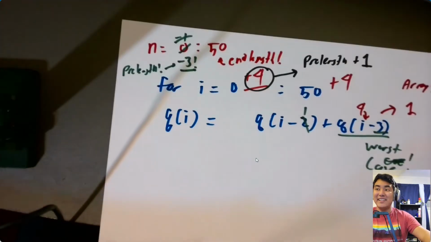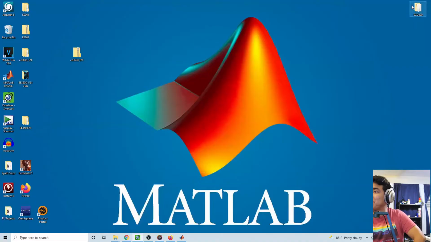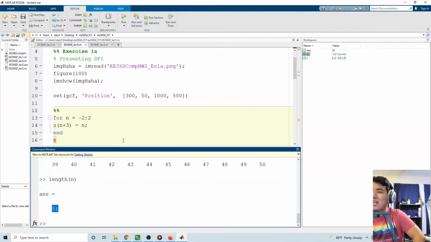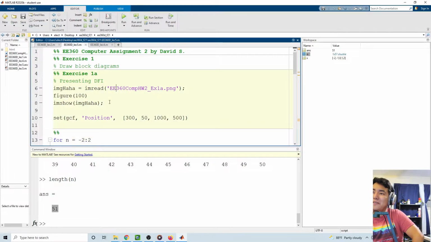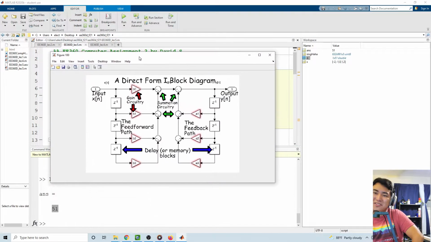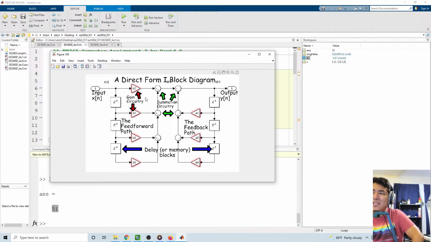All right. Let's start coding. What I've done for you guys is, here's lecture 5, and I'll post the code online. Remember what we did last time? I'll run the solution. Here's the solution to number 1. This is how you draw it. Make sure you write the equations. So here's x of n, c of n, y of n. Determine c of n, just b of 0, b of 1.